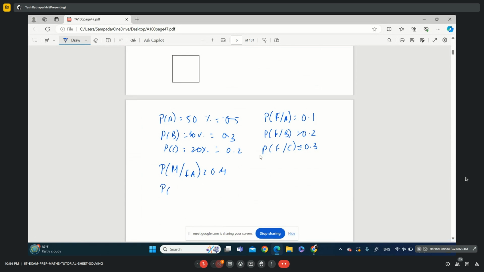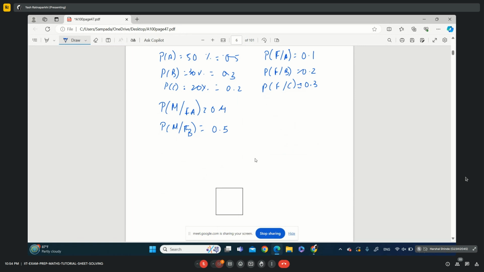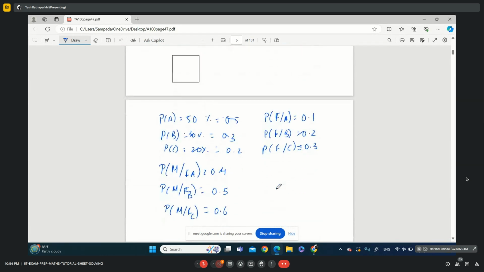Next, probability of marginal acceptance given it is a failure from B is 0.5. And third, probability of marginal acceptance given that the failure has come from C is 0.6. Am I right till here? Yeah, right.